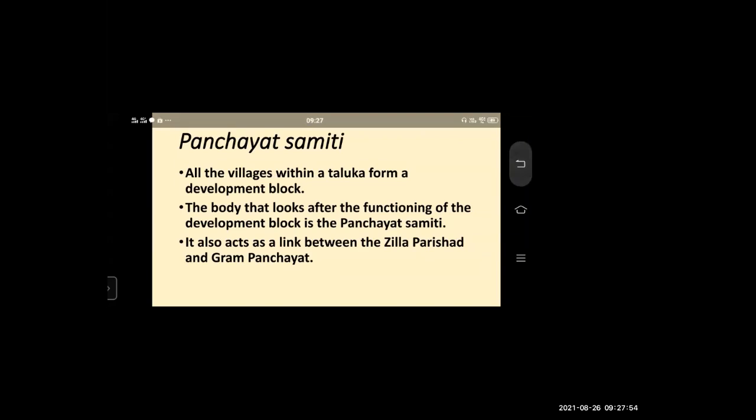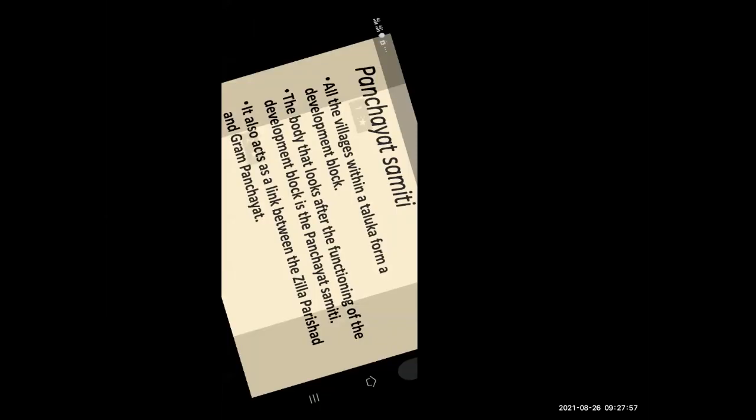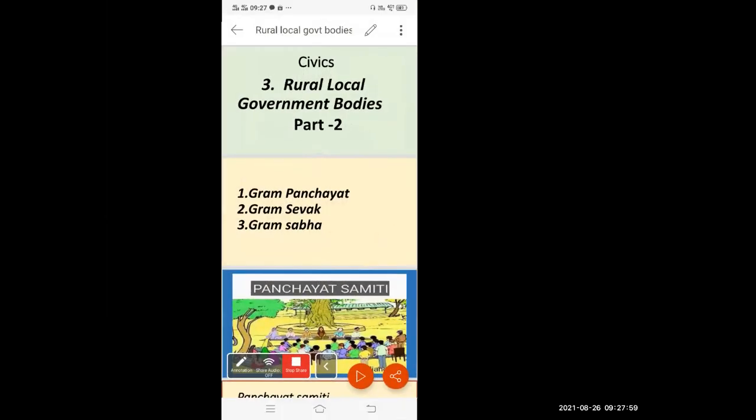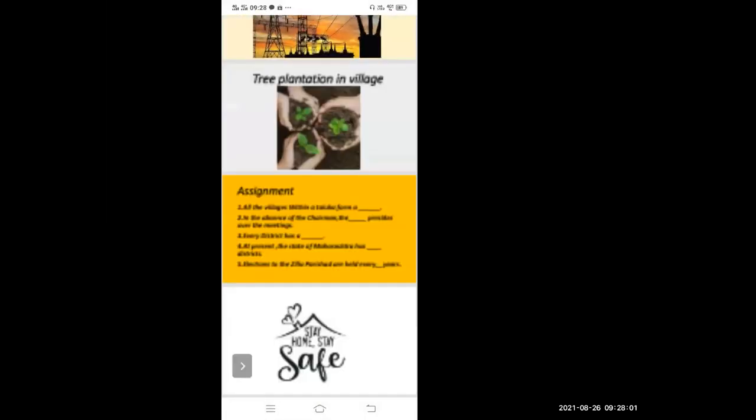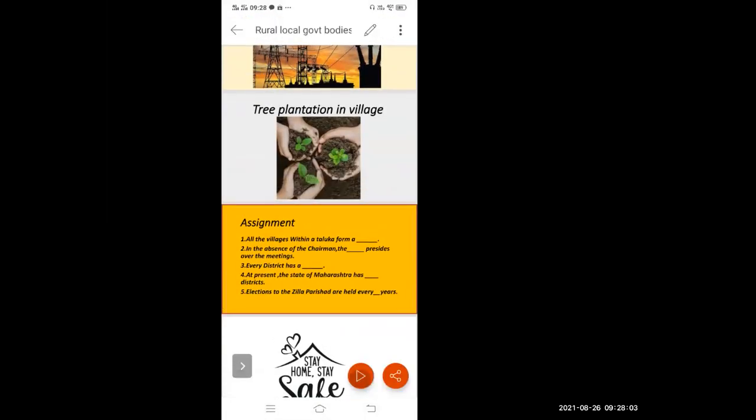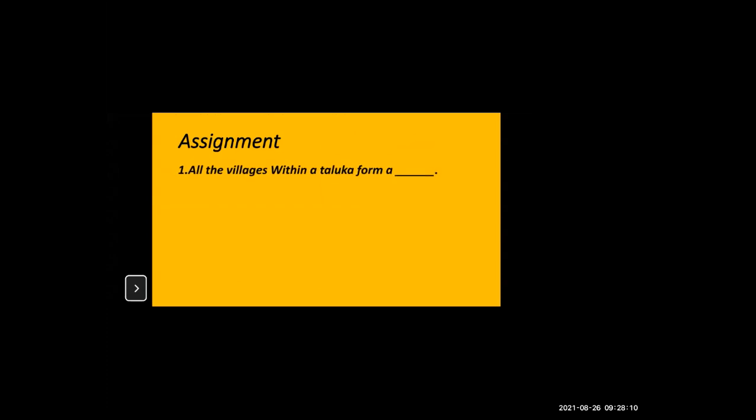Now we will see the questions of the fill in the blanks. Now I want you to give the answer. All the villages within a taluka form a dash. Development.